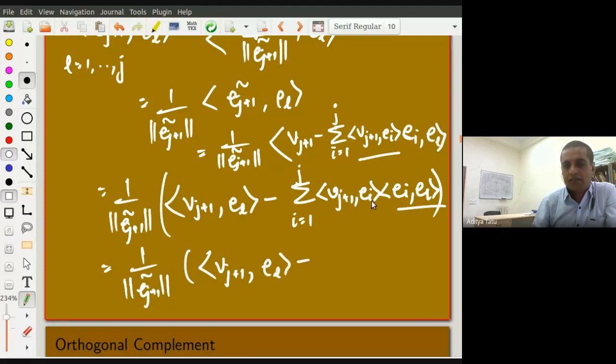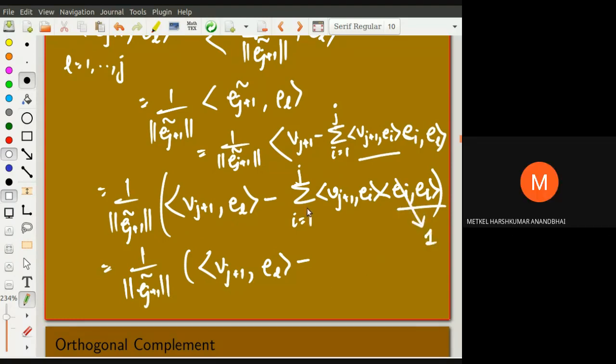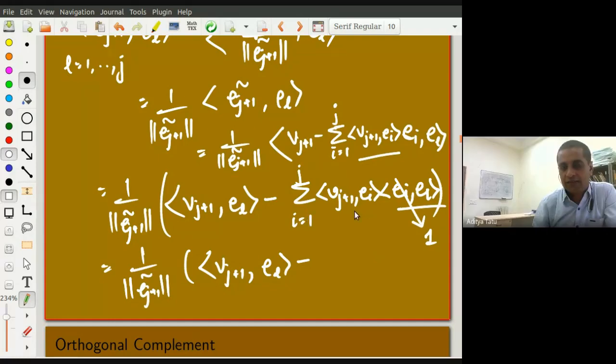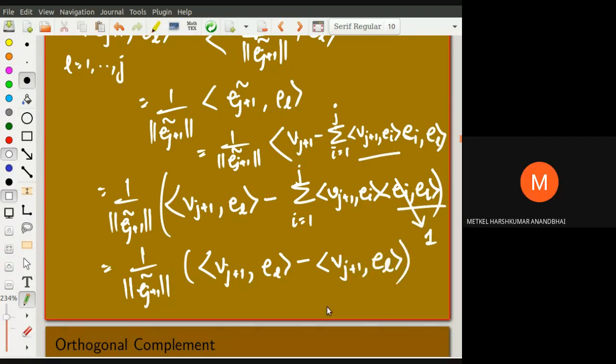If i is equal to l, then this becomes 1, otherwise 0. So rather than having these j terms, I will have only one term, ⟨v_{j+1}, e_l⟩.